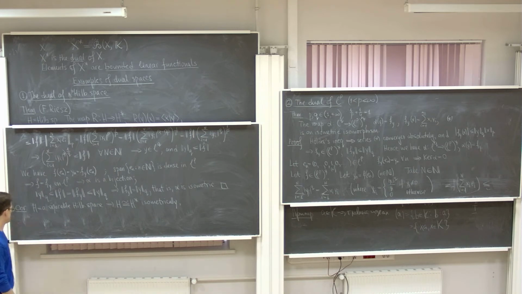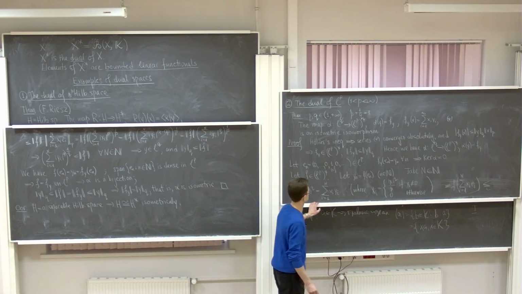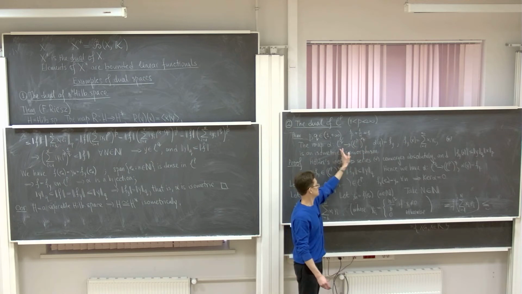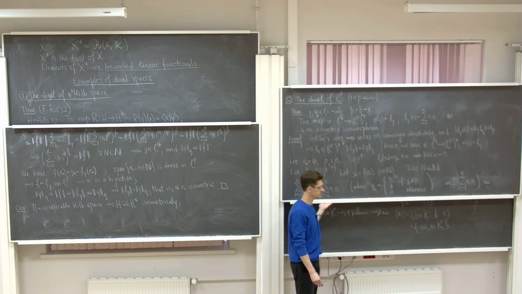Well, indeed, if H is infinite dimensional and separable, we already know that it is isometrically isomorphic to the little L2 space. And if P equals 2 here, then Q also equals 2. And in particular, we see that L2 and L2 star are isometrically isomorphic.